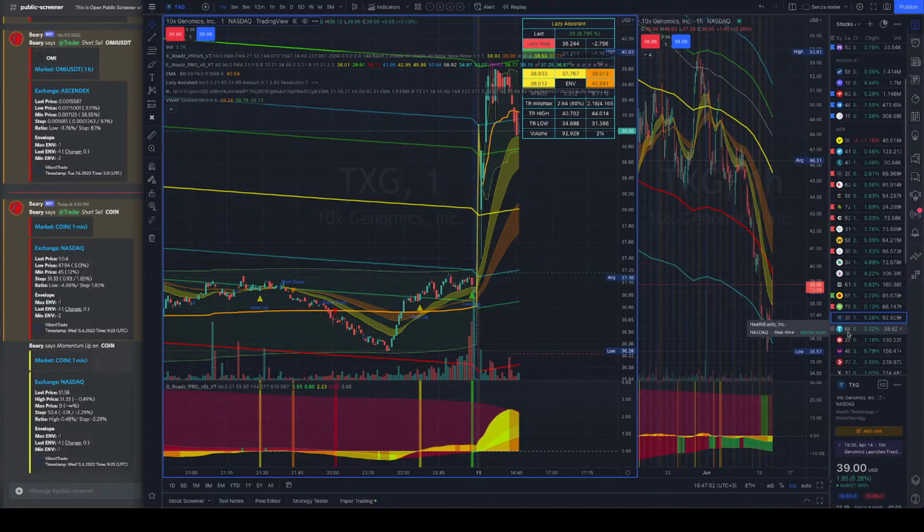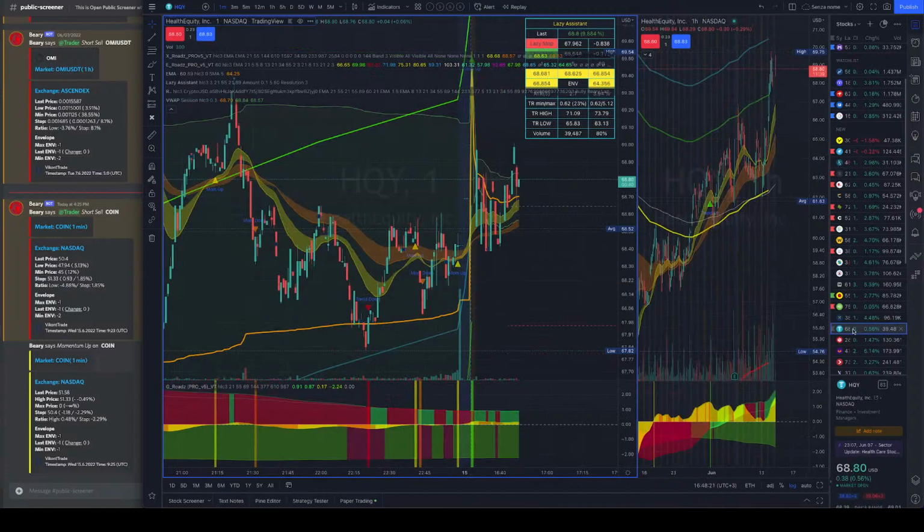No man's land. Another stock for the long. For the long, we need to see at least something, some retracements. Quite far away from our band.